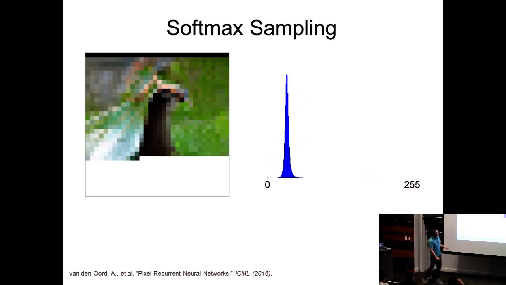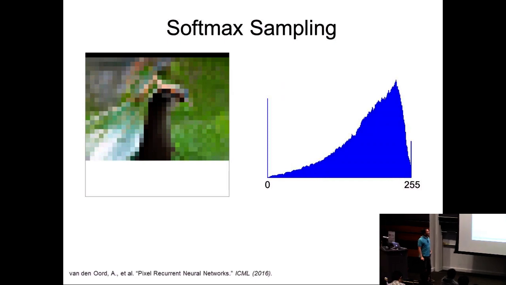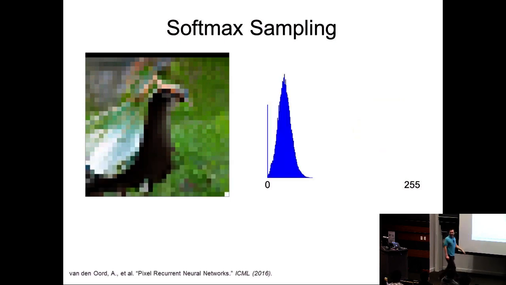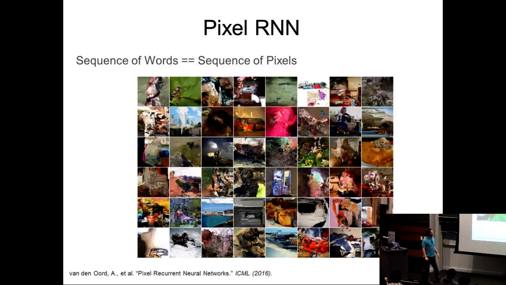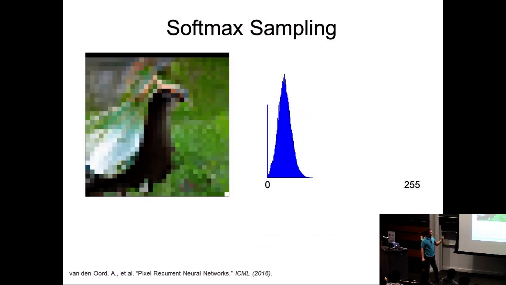So for example, here, we know that the value of the pixel will be black, just based on the overall context. And here we're basically saying, okay, what's the distribution of the next one? It's probably going to be close to white, because we're trying to predict this value here. And so forth, and all of a sudden you get this image.